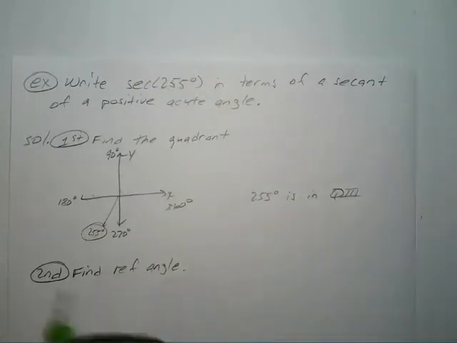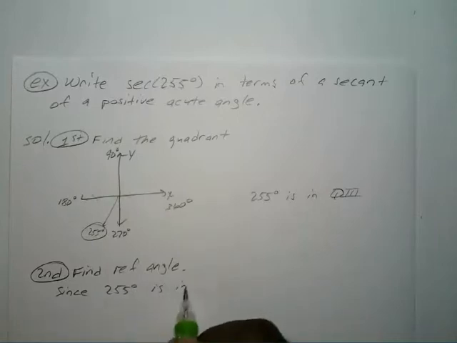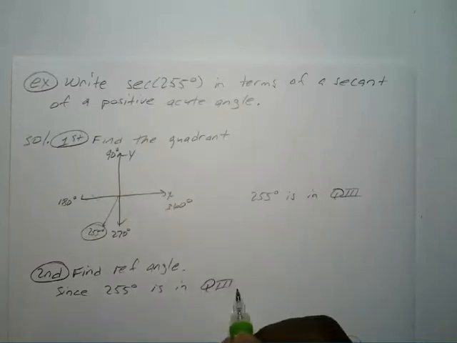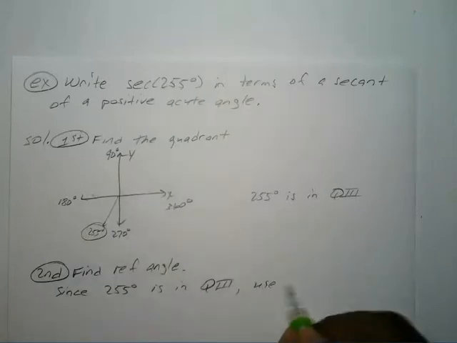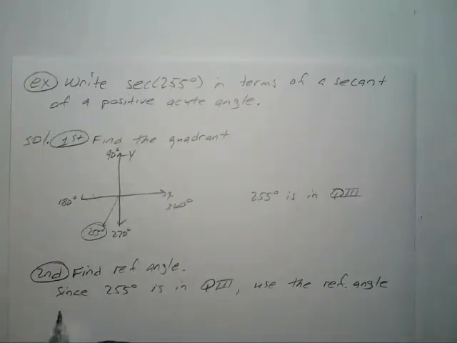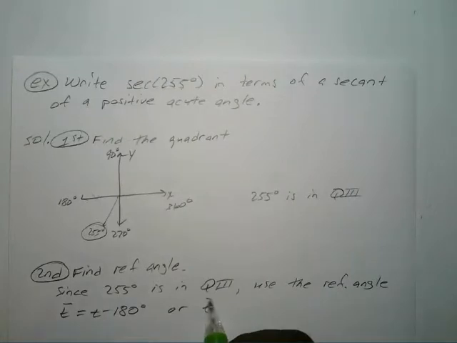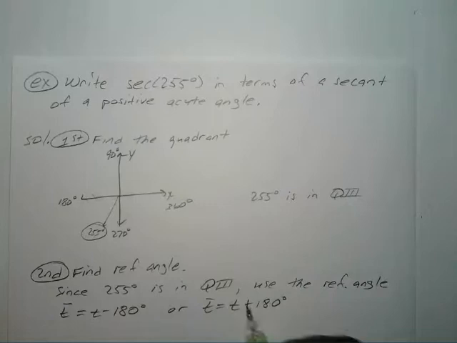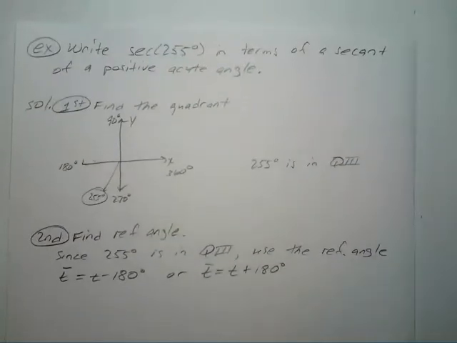Since 255 degrees is in quadrant 3, use the reference angle formula: T bar equals T minus 180 degrees, or T bar equals T plus 180 degrees. In quadrant 3, it can be either one of those.